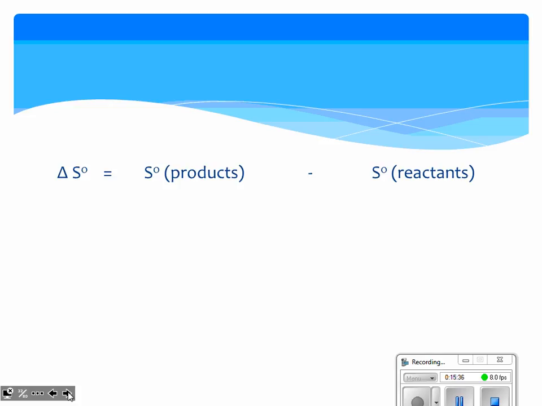Right of the arrow, correct? So what is the value for water in a liquid state? What I want you to do is find that on your chart. And I believe they're pretty much in alphabetical order. So find water in the liquid state.